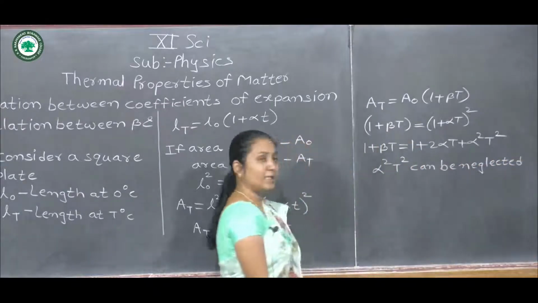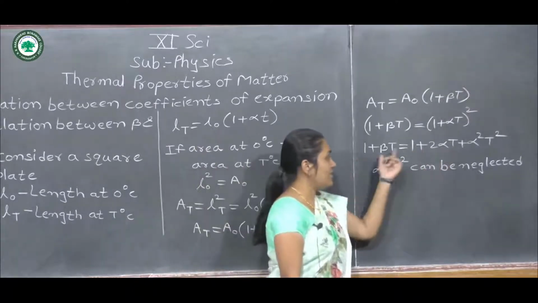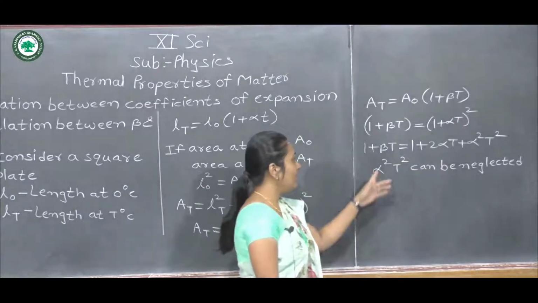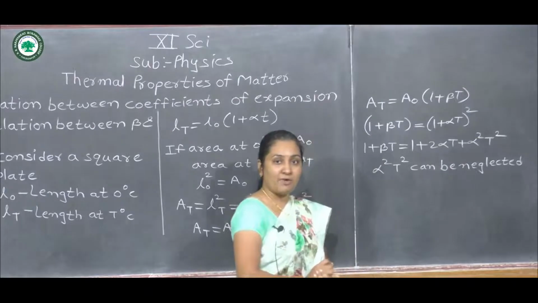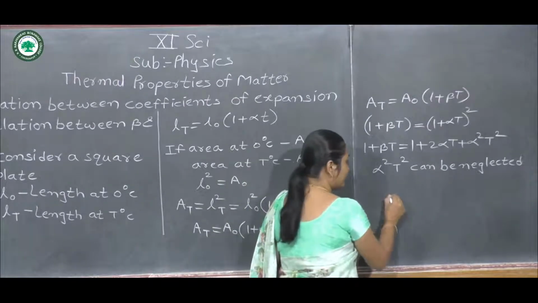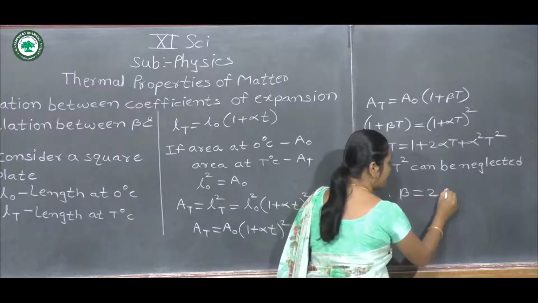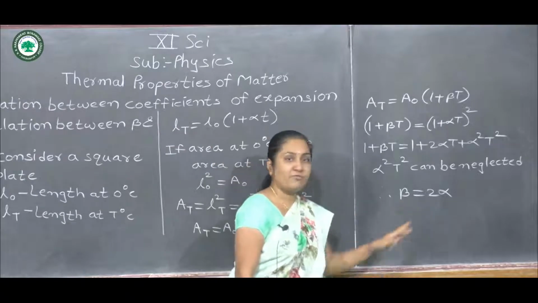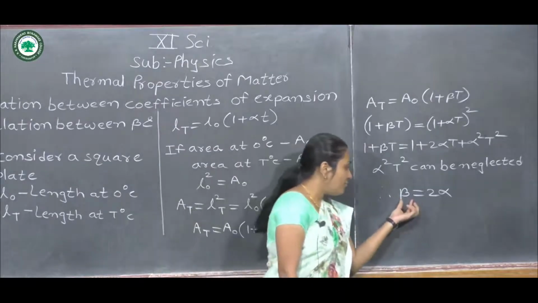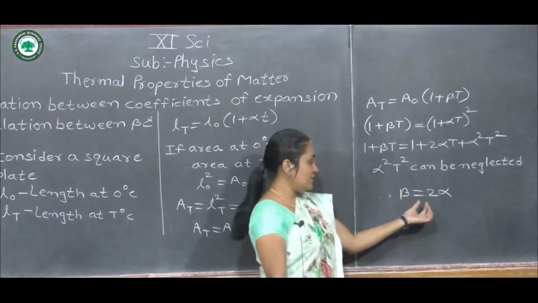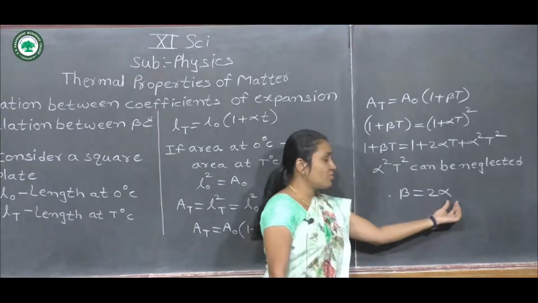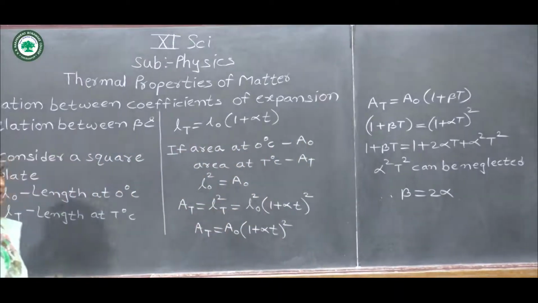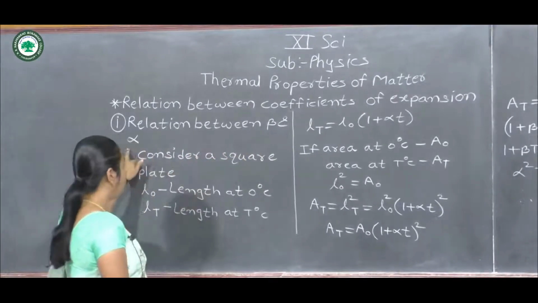The 1 is the same on both sides, so we can cancel it. Beta T is equal to 2 alpha T, therefore beta is equal to 2 alpha. That is, the coefficient of areal expansion is equal to 2 times the coefficient of linear expansion. So we have found the relation between beta and alpha.